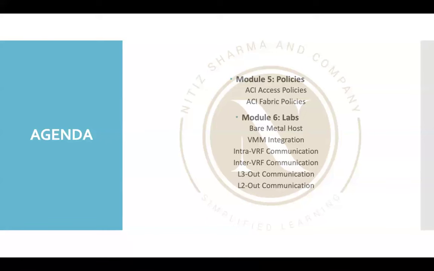So these are all certain labs that we will be covering throughout our course. For all of these modules to be completed, it will take around 15 to 20 days for me, and then another 15 to 20 days for Seth to complete his module.